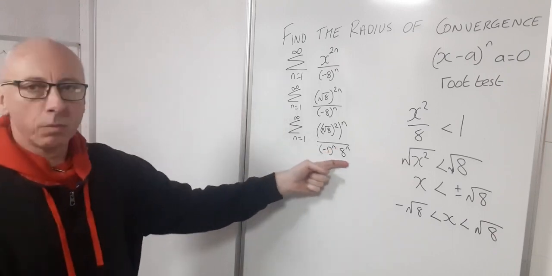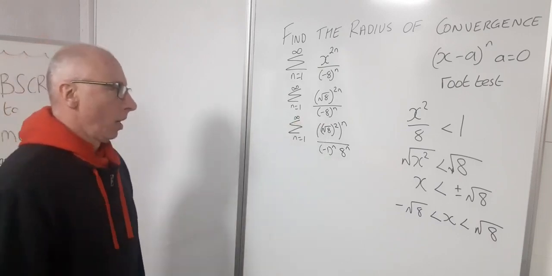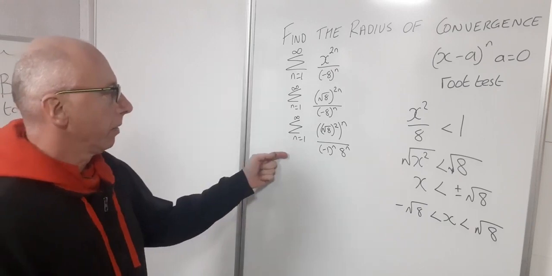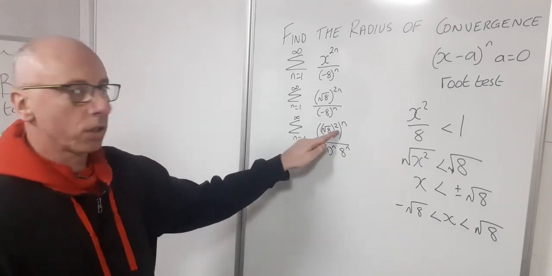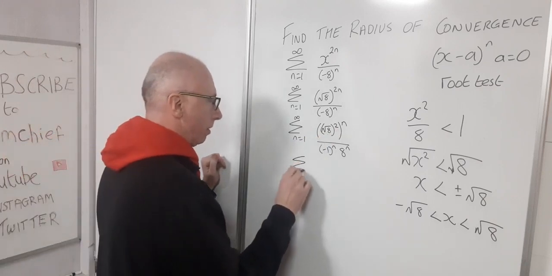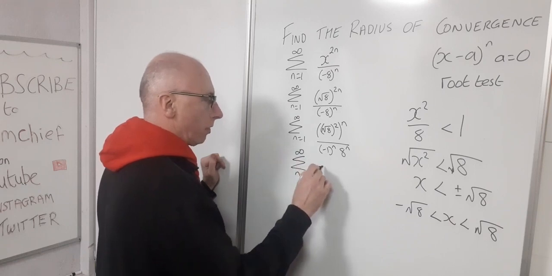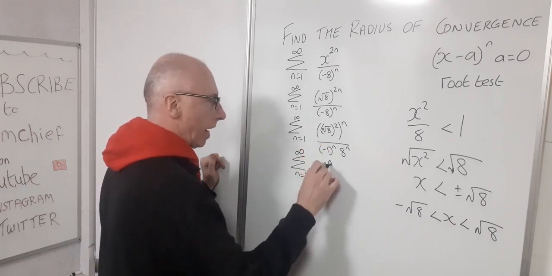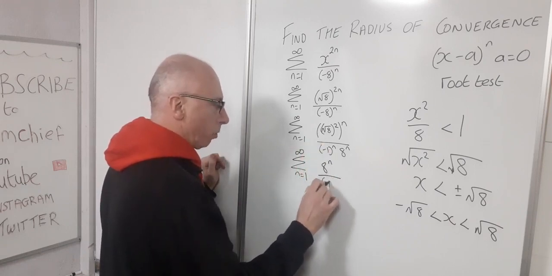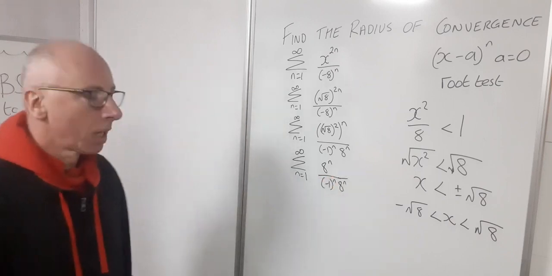So that way we've got the same terms here. Okay, so now we can simplify this. Square root of 8 squared is just 8. So we've now got 8 to the n over (-1) to the n times 8 to the n.